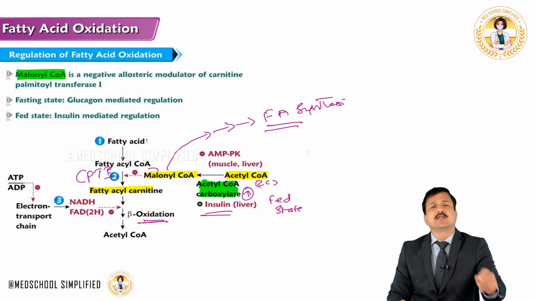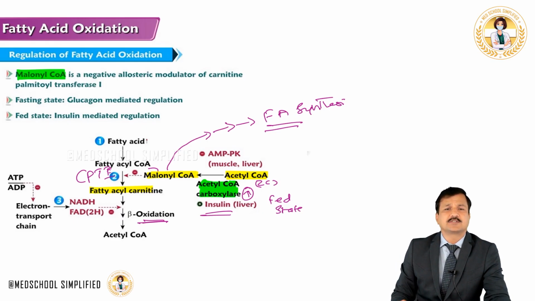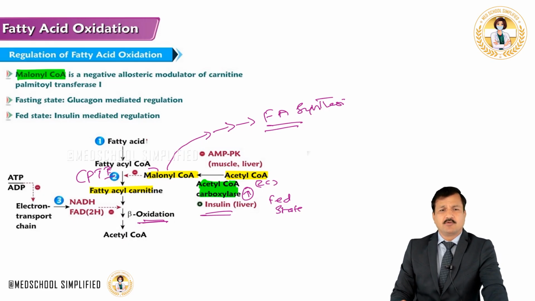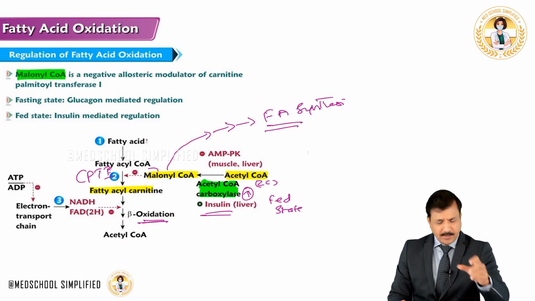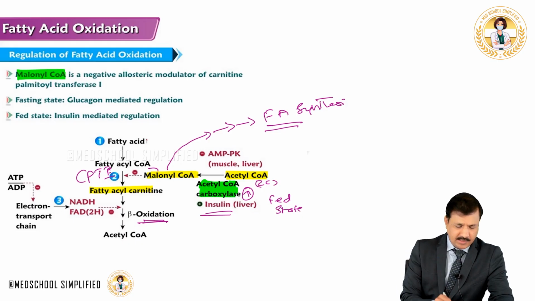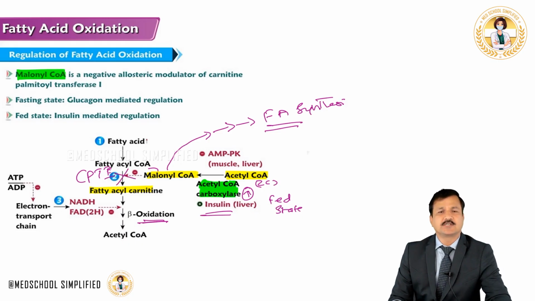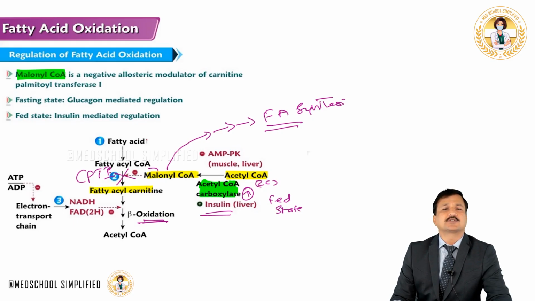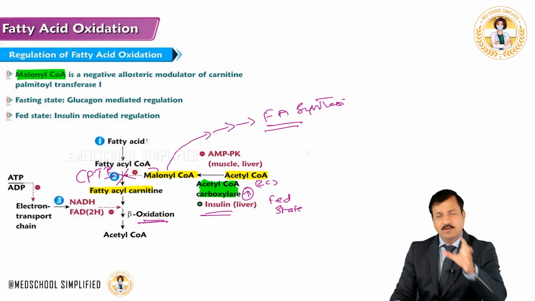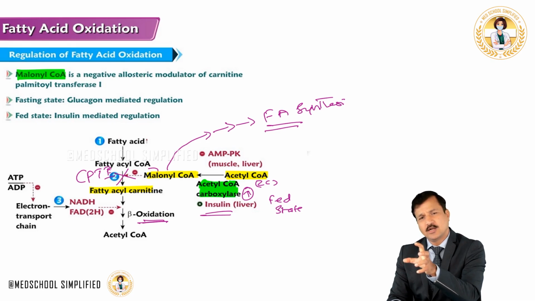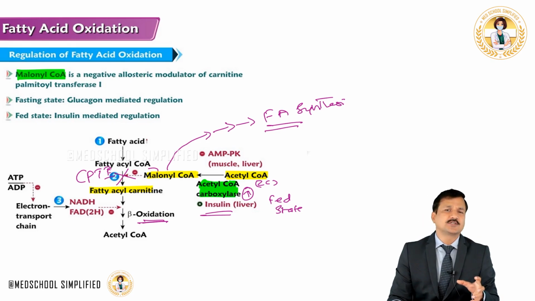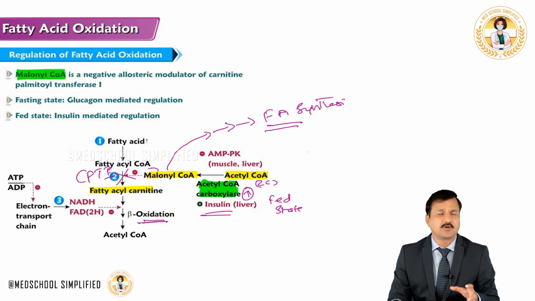We have seen that in the beginning of our fatty acid oxidation lecture. Now, whenever malonyl-CoA inhibits CPT1, long chain fatty acids are not transported into the matrix of mitochondria. That means beta oxidation does not go on. So when fatty acid synthesis is going on under the fed condition, beta oxidation should not go on in the mitochondrial matrix.